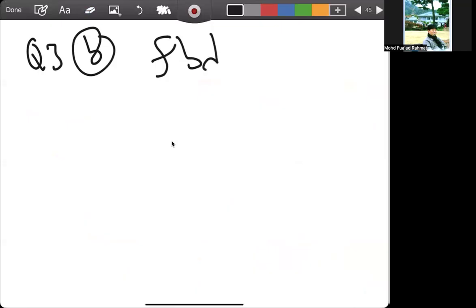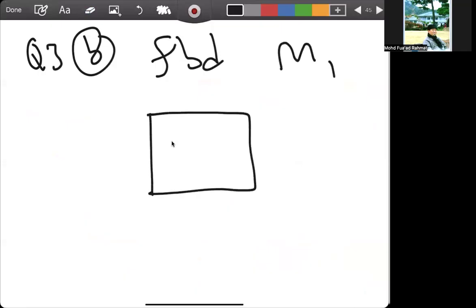Free body diagram for M1. So this is your M1. The input is applied to the mass M2, so in M1 there is no input force.